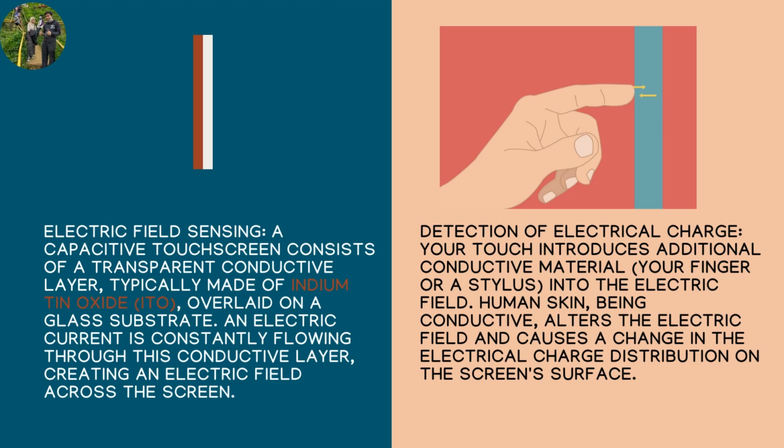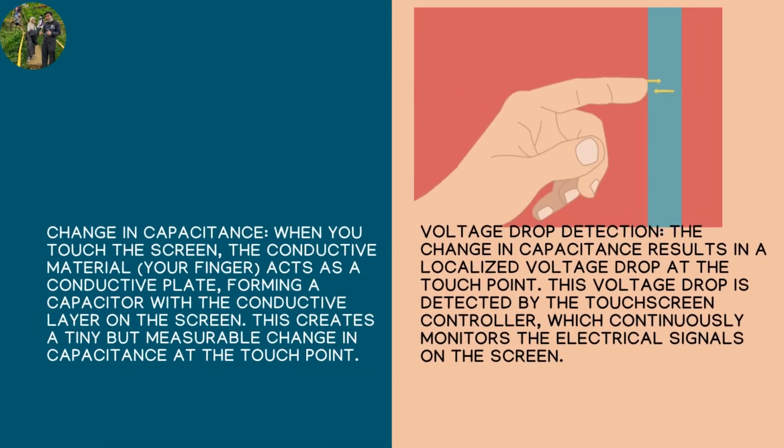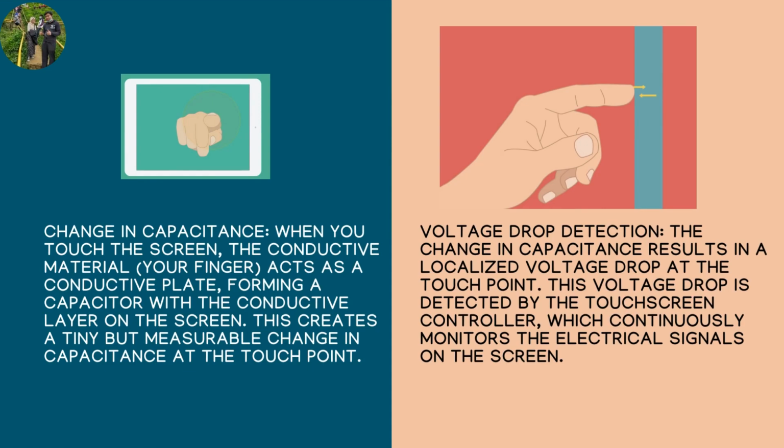Then, with our finger or stylus pen, because our hand has positive and negative charge, it will detect when you touch the screen. Capacitance changes when you touch the screen: the conductive material, your finger or stylus pen, acts as a conductive plate, forming a capacitor with the conductive layer on the screen. This creates a tiny but measurable change in the capacitance at the touch point.